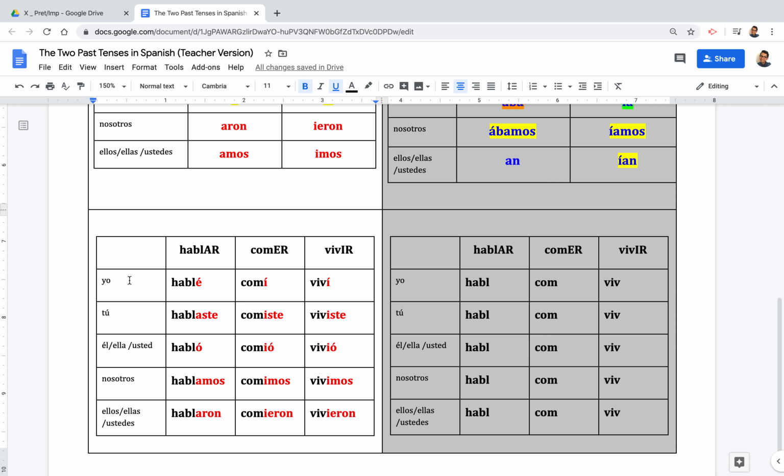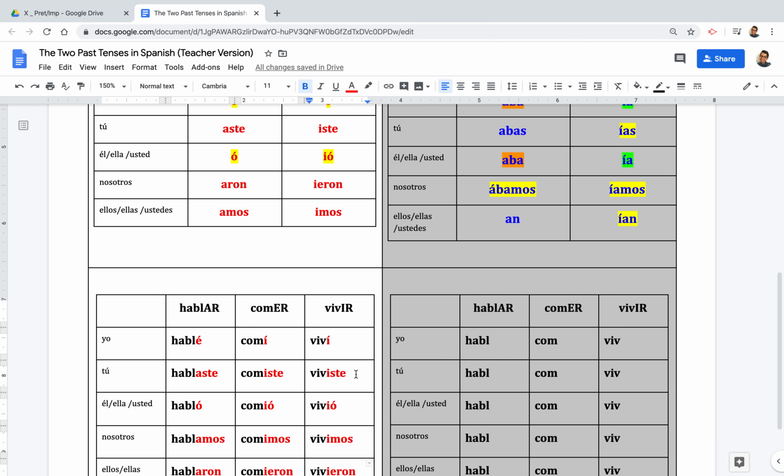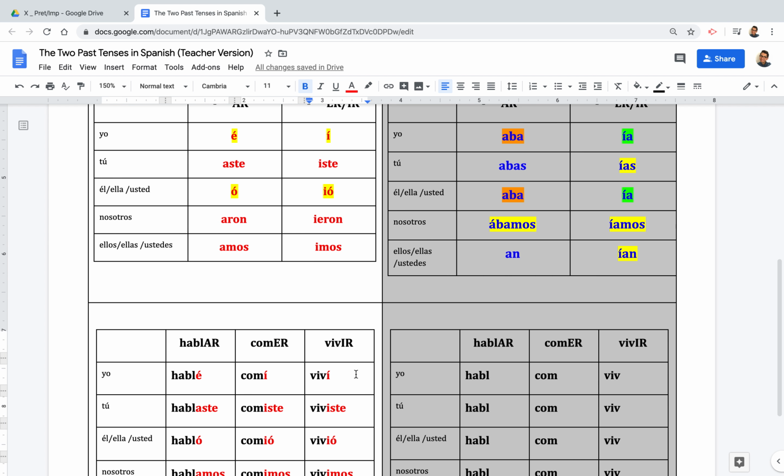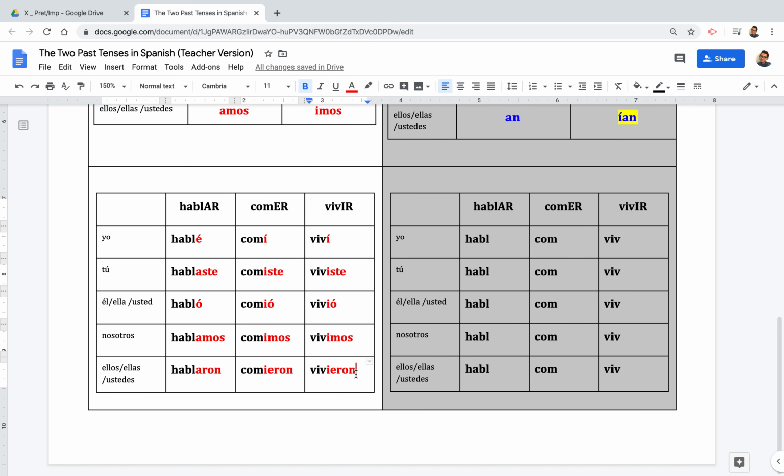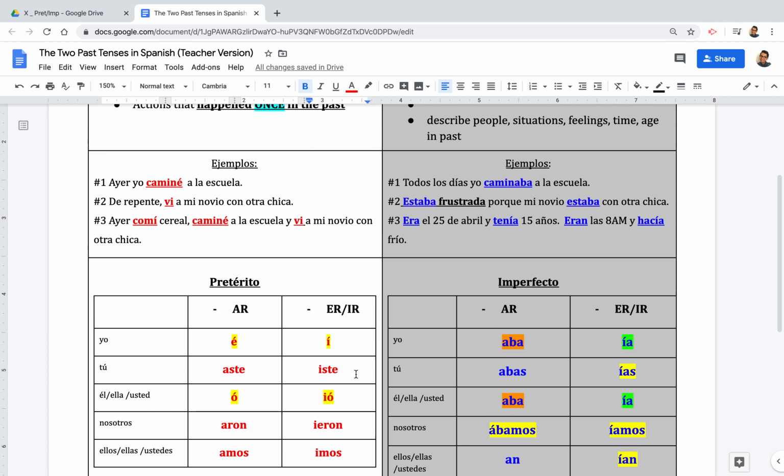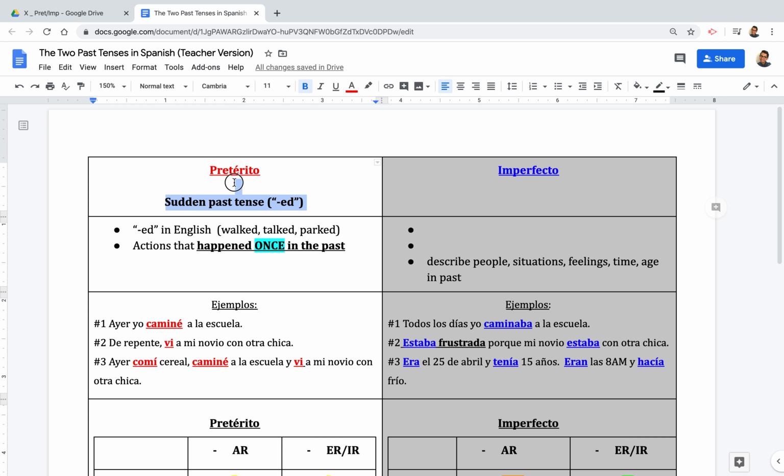And for comer, we have yo comí, tú comiste, él, ella, usted comió, nosotros comimos, ellos, ellas, ustedes comieron. And for vivir, to live, we have yo viví, tú viviste, él, ella, usted vivió, nosotros vivimos, ellos, ellas, ustedes vivieron. This should all seem very familiar to us because we've already practiced it many times and we've already mastered it. So that is the pretérito, or sudden past tense in Spanish.